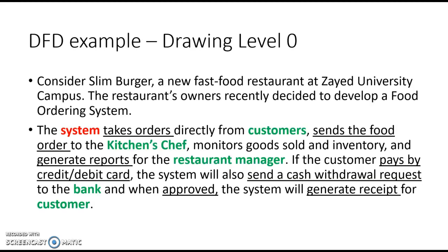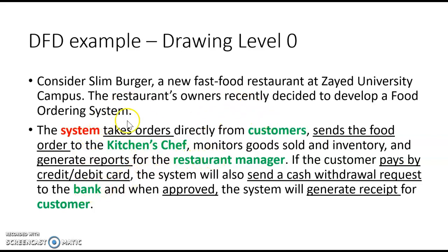So we had the example of drawing a food ordering system for a fast food restaurant inside a university called Slimburger. We identified in the context diagram the different external entities that need to deal with the system. They were customers, kitchen chef, restaurant manager, and the bank.